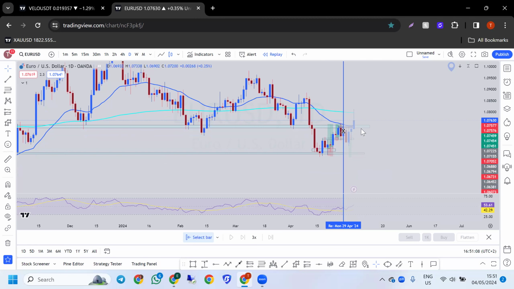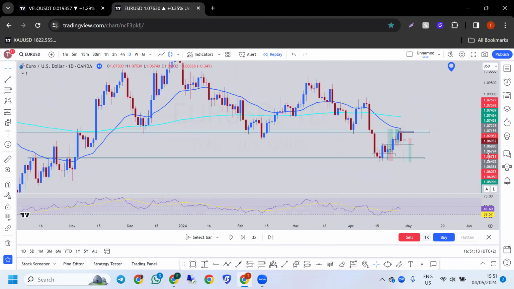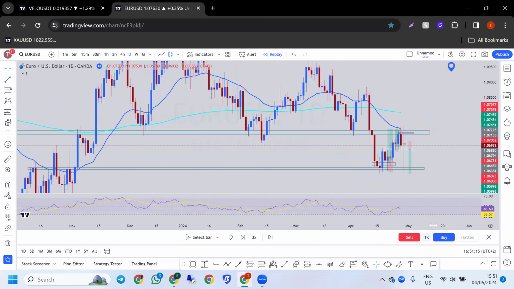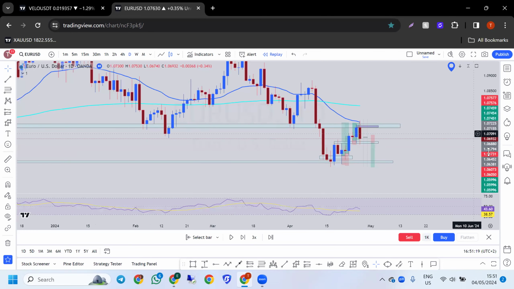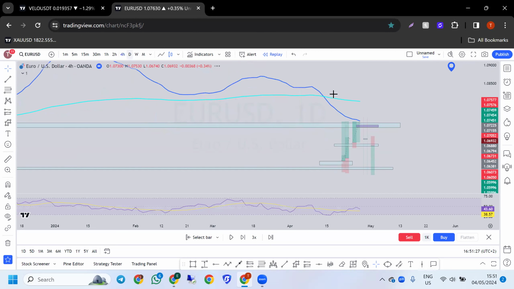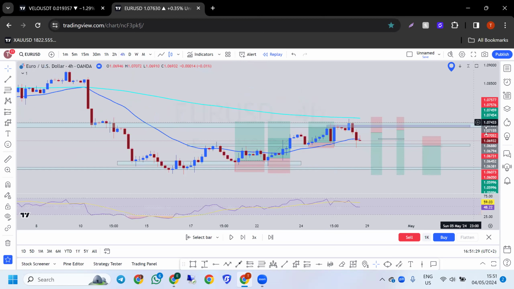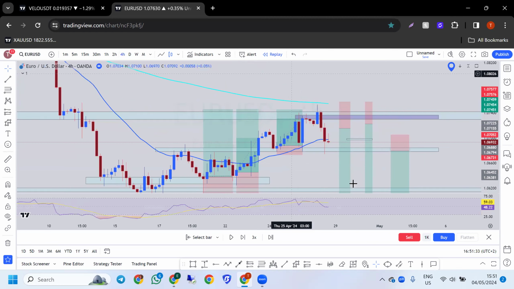So this is what we are having on the daily time frame. We can see the market was bearish. You see, this is a lower low, lower high, and the market was testing our area of interest on the 4-hour time frame. On the same day, we are having all this.